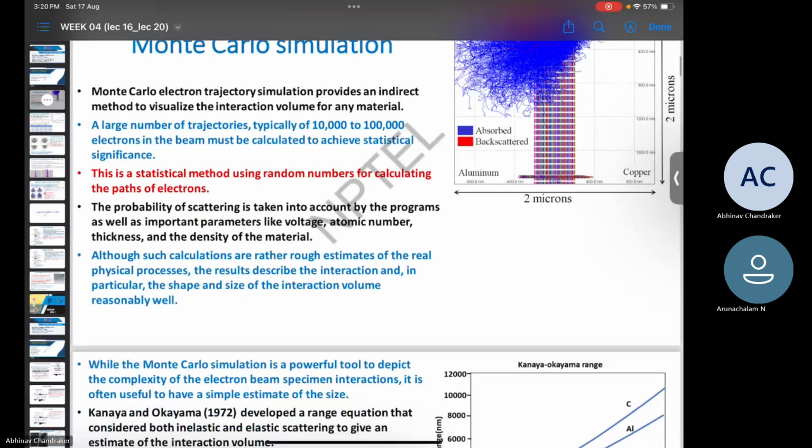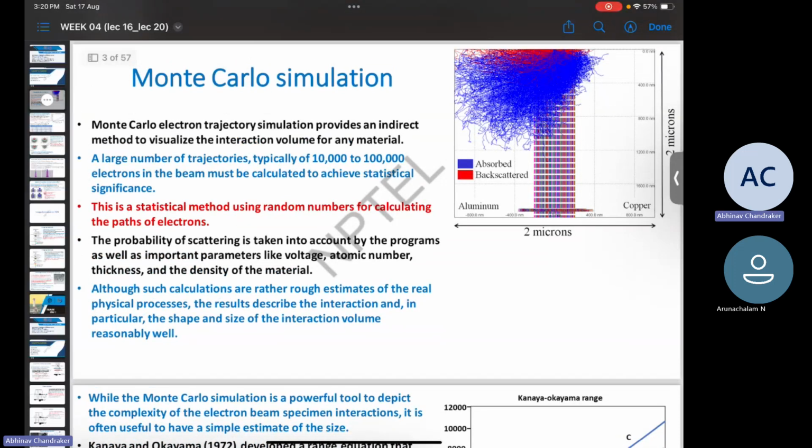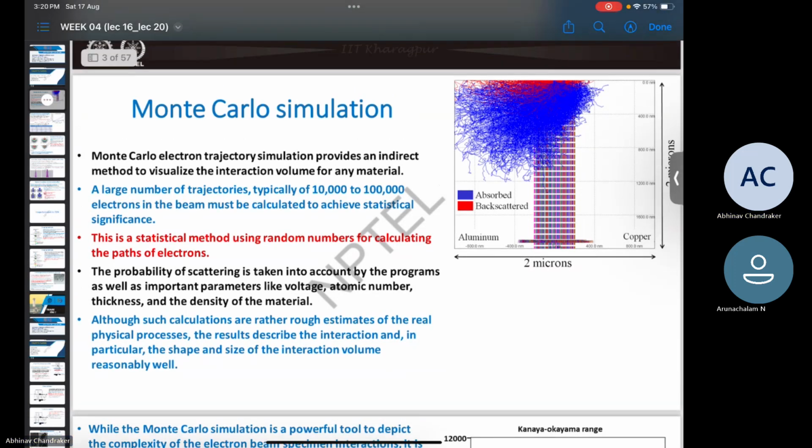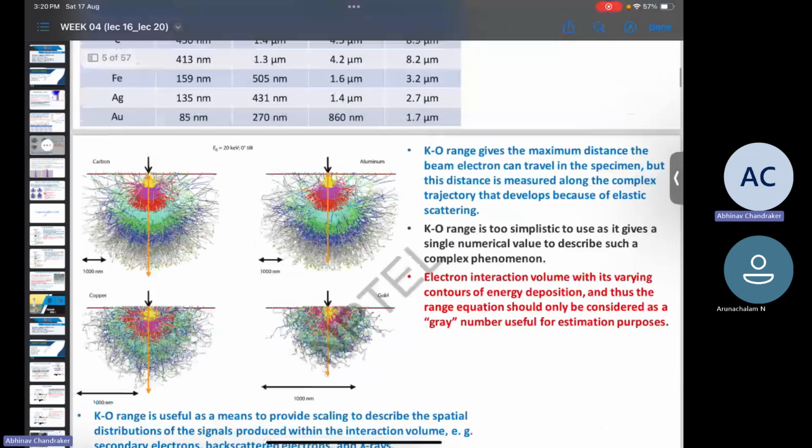I won't go line by line as to what was taught, but what Monte Carlo simulation does is it basically simulates all the possible trajectories that the electron can have once it has encountered the material, and there can be a variety of interactions, both elastic and inelastic, about which I'll talk about in the coming slides.